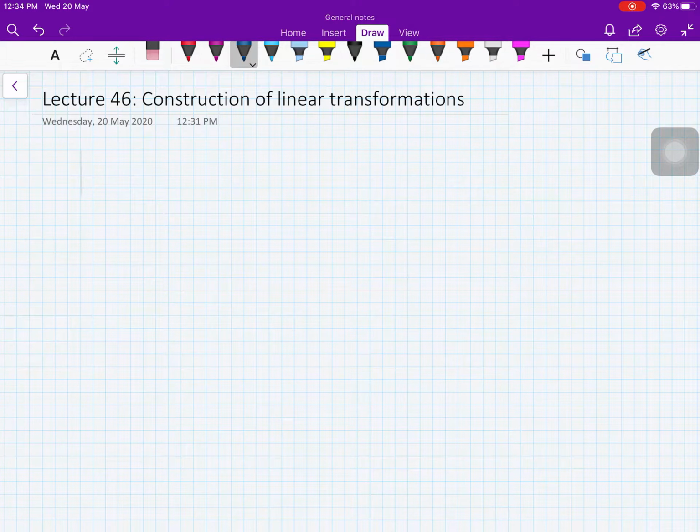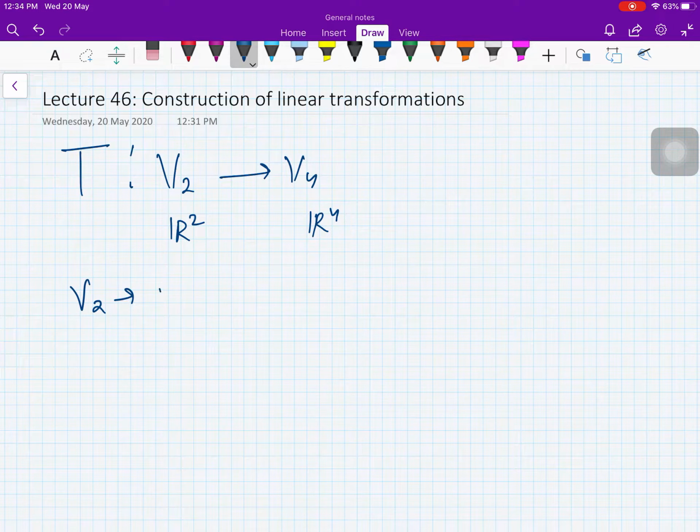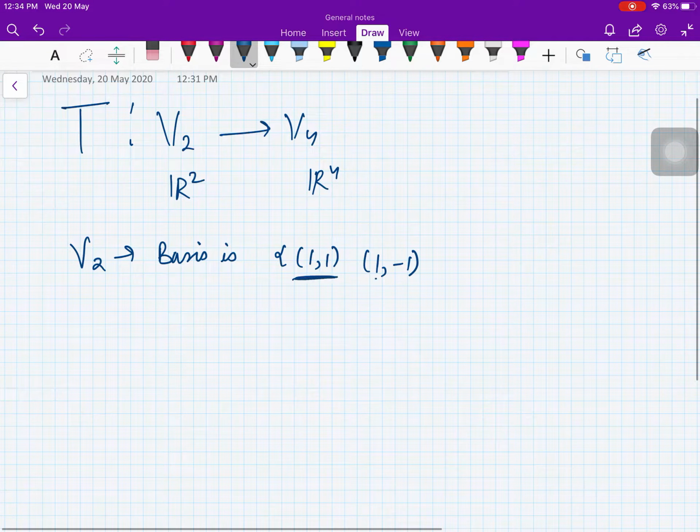Suppose we want to construct T from V2 to V4, where V2 stands for R2 and V4 is for R4, and we have a basis of V2. The basis we are taking here is (1,1) and (1,-1).